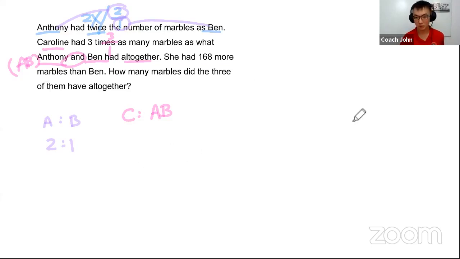Then quickly circle 3 to Caroline and 1 to AB. So we have 3 is to 1.